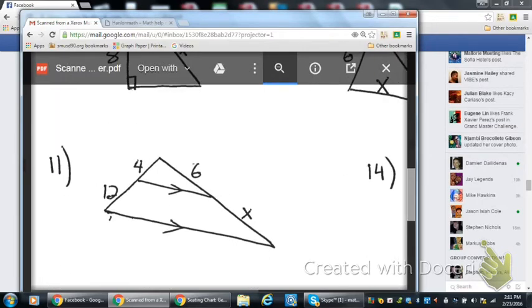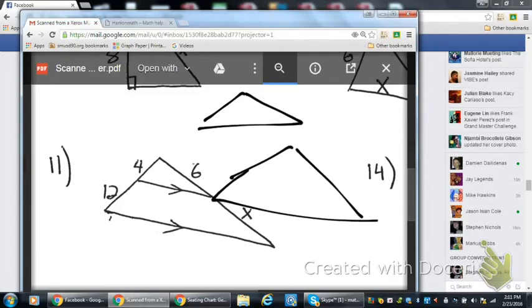All right, 11. Let's again separate them. So I have my small one and my big one. This is 4, 6, and this angle is equal to this angle because of parallel lines. So this is 4, this is 6, this is 16, 6 plus x, and then we have angle, angle.